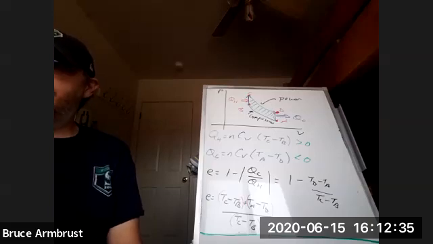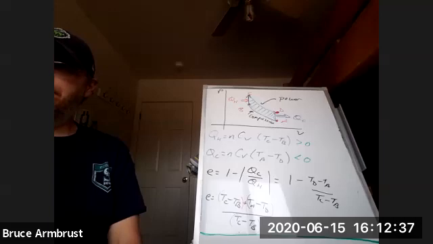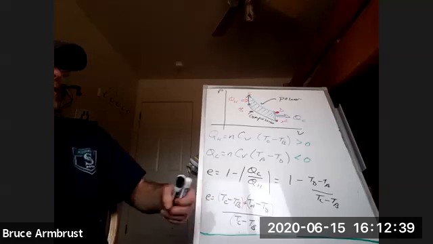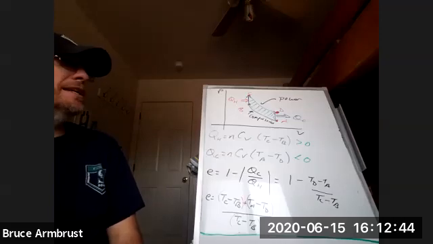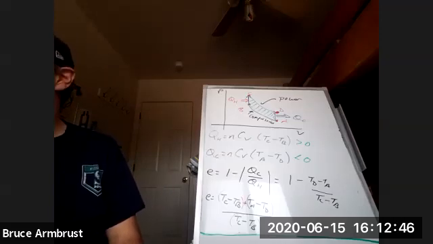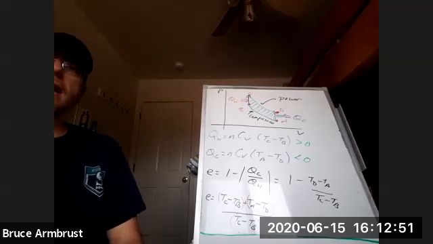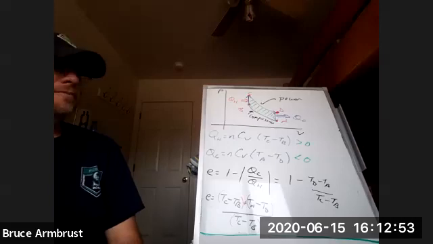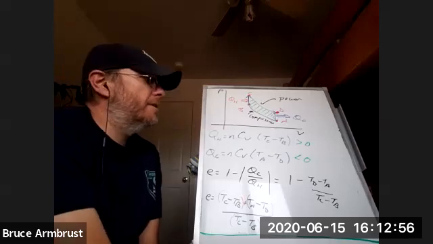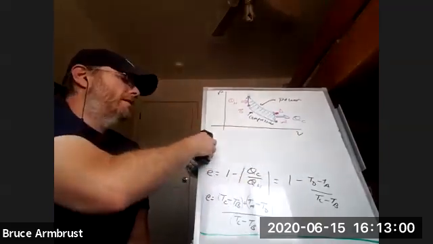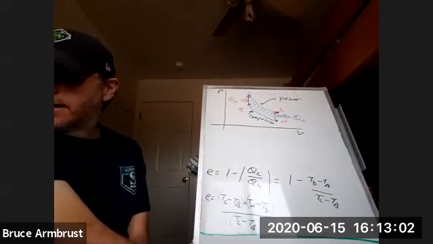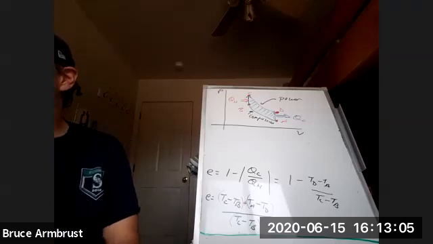And those tend to be ones that happen very quickly, right? And in an engine, these strokes happen very fast. So it's not a terrible assumption. So we're going to assume that these are adiabatic. But because they're adiabatic, we know that there are relationships between T and V and all that good stuff.